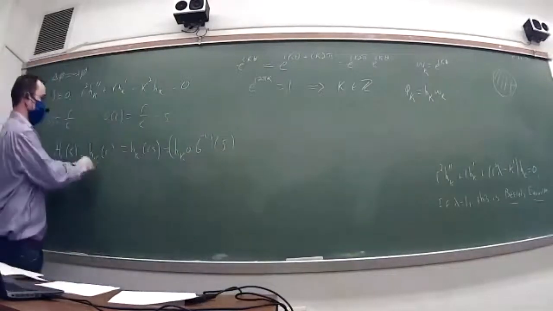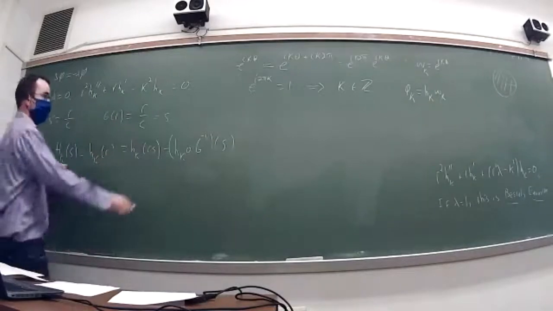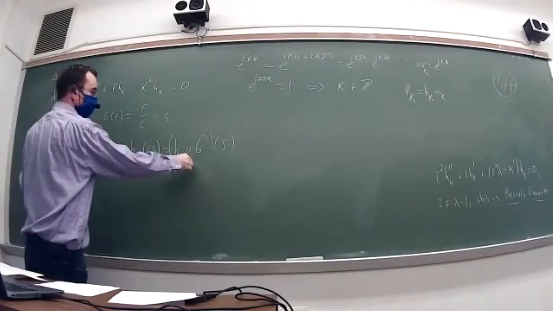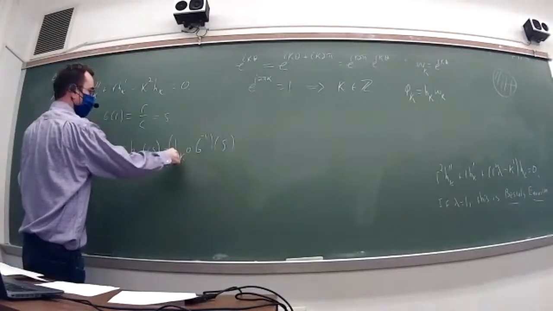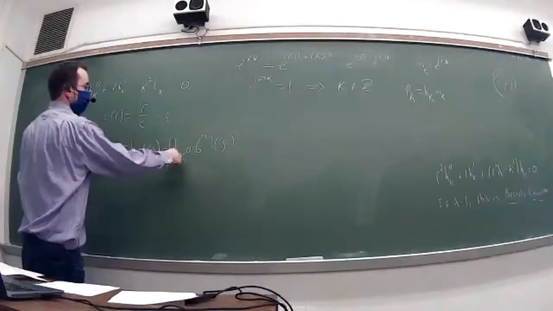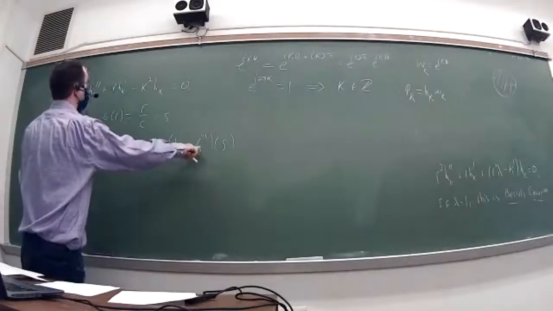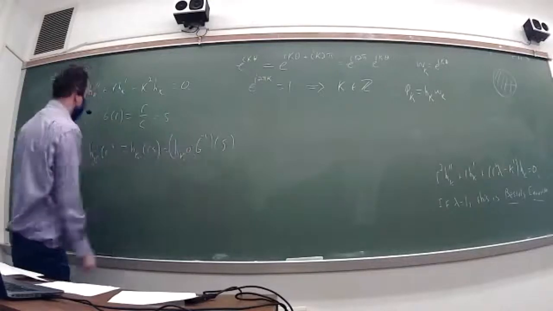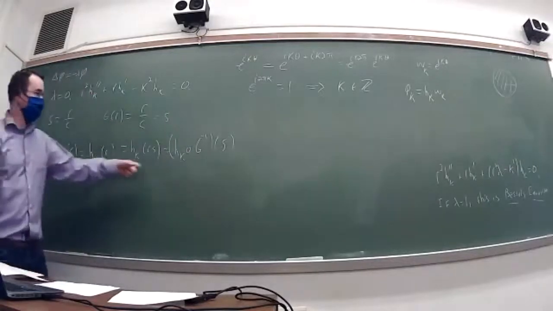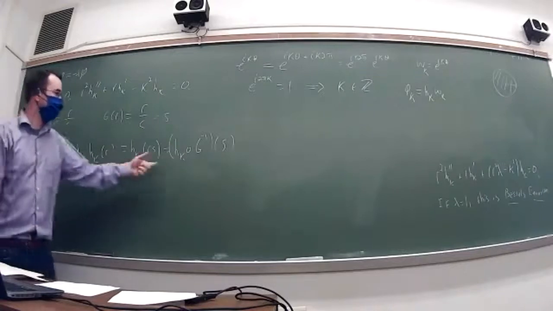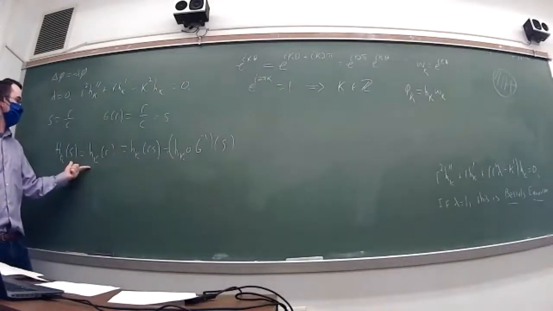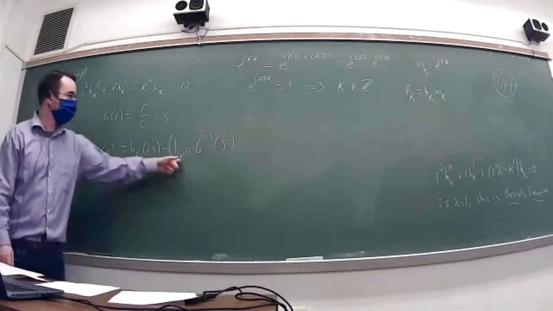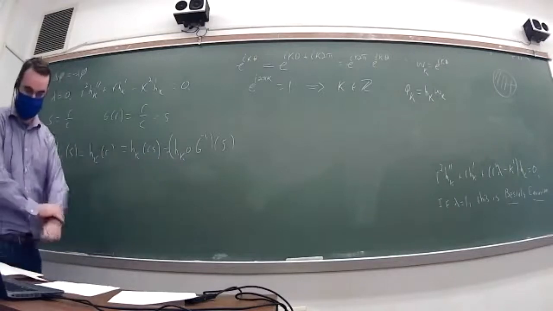This is the mathematician's way of writing the coordinate change. G goes from r to s, g inverse goes from s to r. That's the official relationship between these two things. So when you see your book writing this, if you want to be formal, it's actually that.